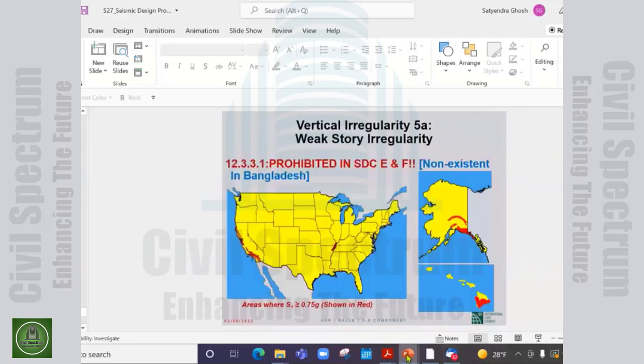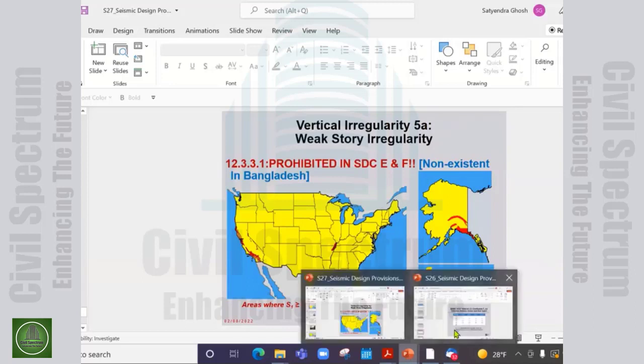Yes, he's saying that the map is showing Ghazipur in that area. This is very specific, probably. It can be specific, but I would be very surprised. 0.2 is zone 2. He's saying Ghazipur is shown in zone 3. Yes, in the map, it's shown in zone 3. Let me also check. I will check.